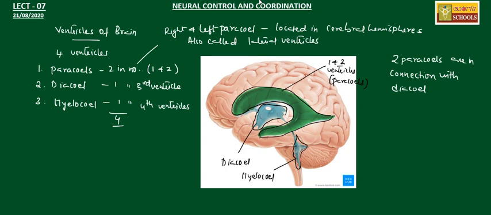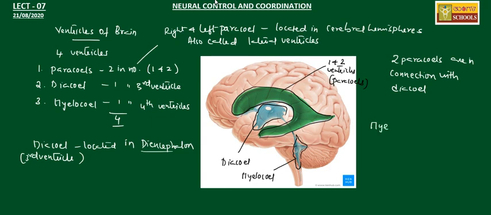Now the diacoel, the third ventricle, is located in the diencephalon. Coming to the myelocoel, it is present in the medulla oblongata.